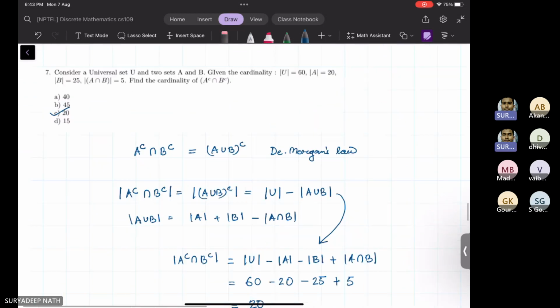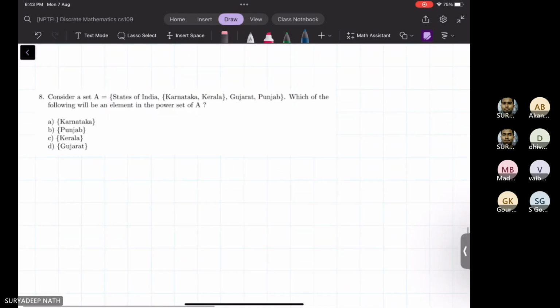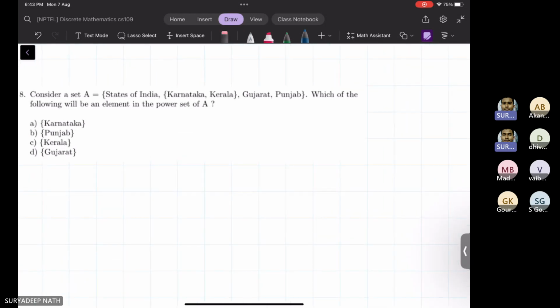All right. So we'll move on to question number 8, and I'll paste question number 8 in this. So you have a set A which consists of 4 elements. So let me mark the elements.